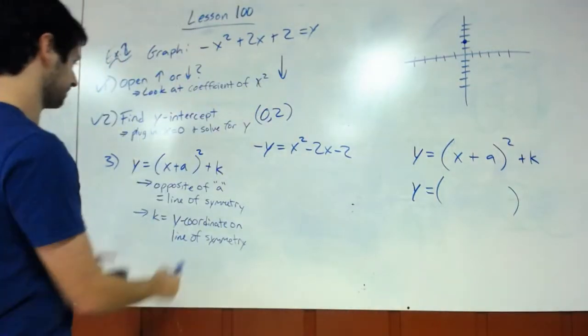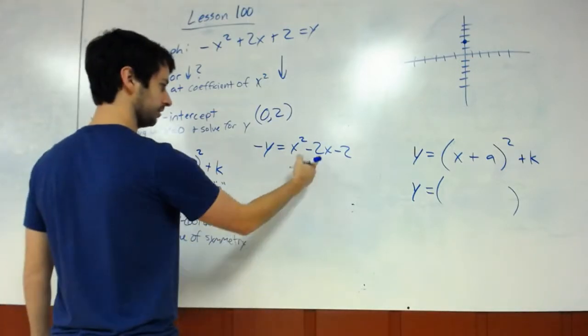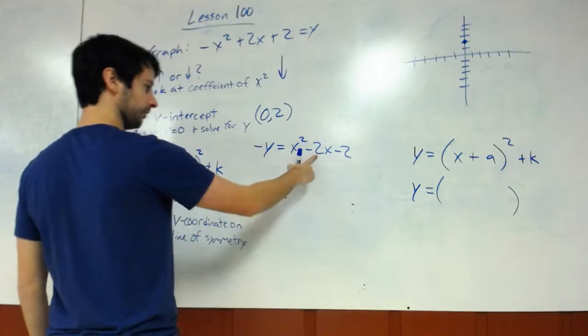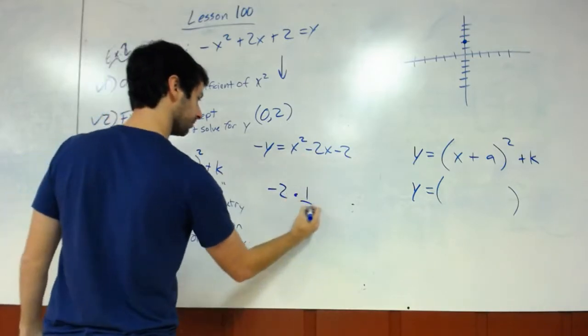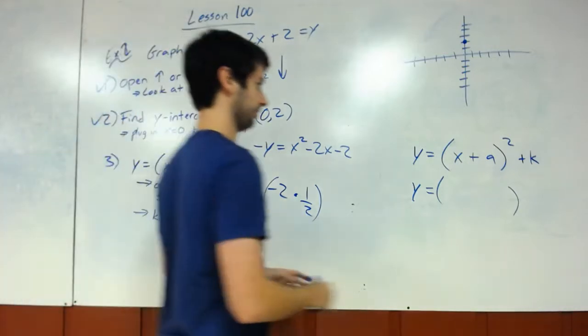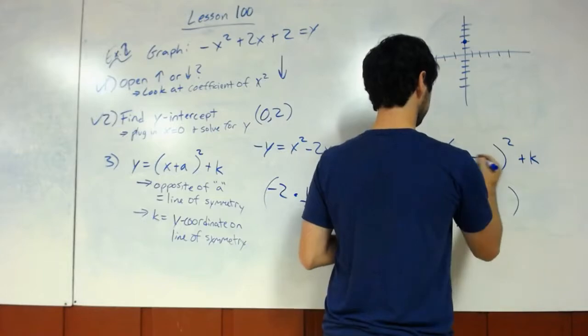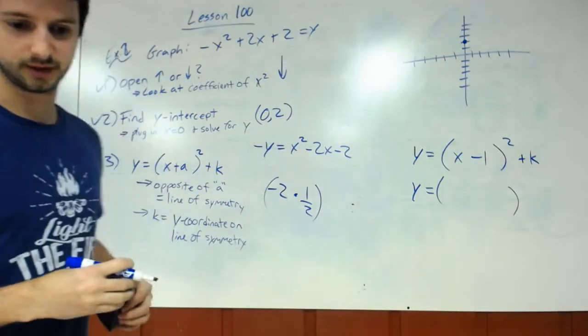We got to solve for a, we complete the square. So negative 2, take the coefficient of x, times 1/2, and that would be negative 1 for a.